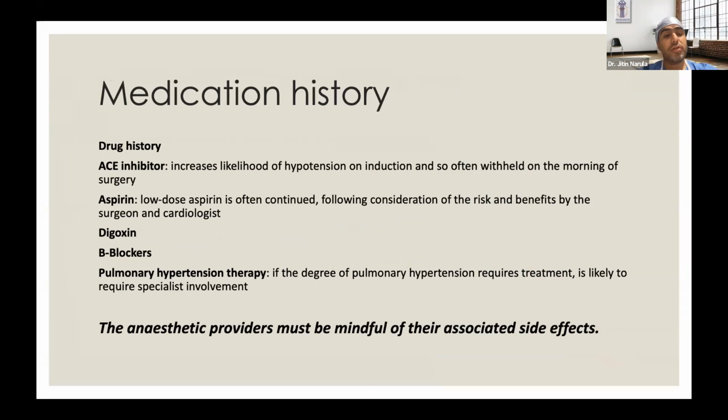Patients could be on aspirin, which should be stopped in discussion with the surgeon and cardiologist. They could be on rate control medications like digoxin and beta blockers, which predispose them to heart rhythm problems. And patients could be on pulmonary hypertension therapy, which can predispose to perioperative hypotension. So the anesthetic provider must be mindful of all side effects of these medications before taking up any such case for surgery.